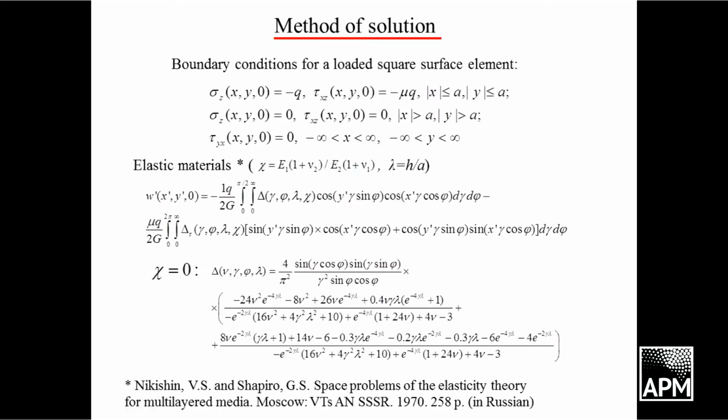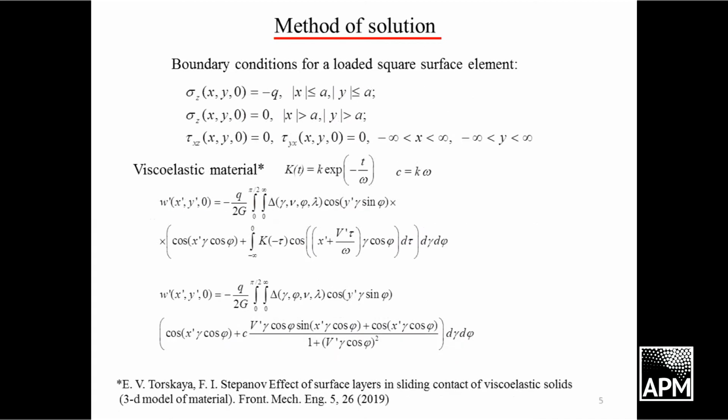And for the viscoelastic case, and for this grid kernel, we have the following dependence of normal displacement, not only on mechanical properties and the thickness, but also on rheological properties. This term is taking into account rheological properties.